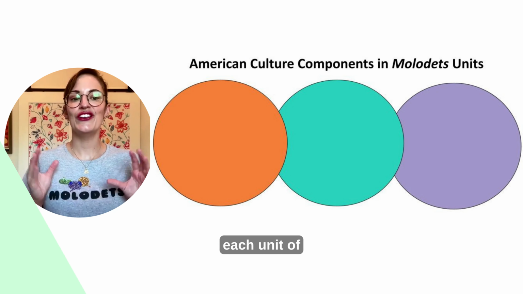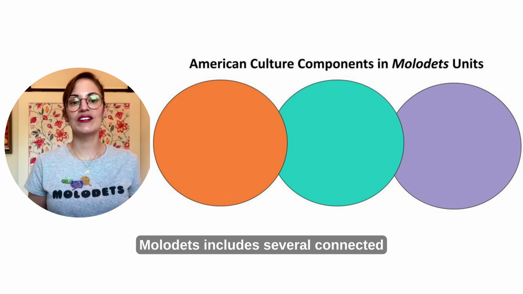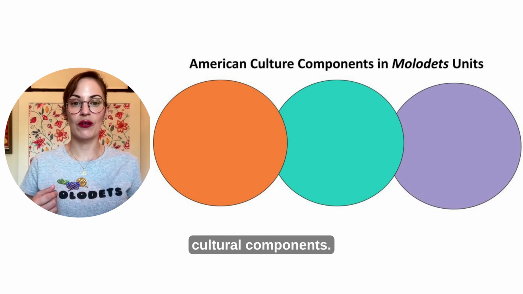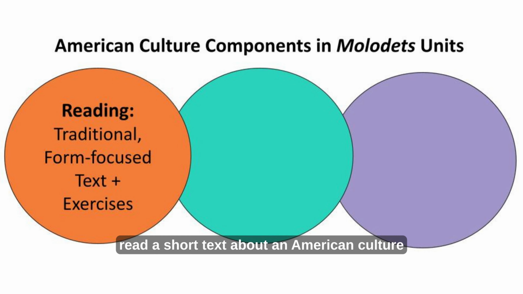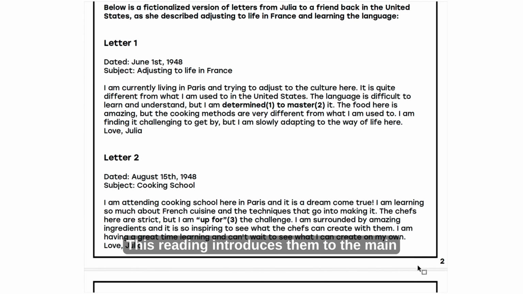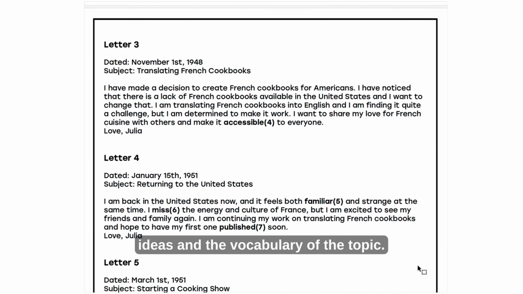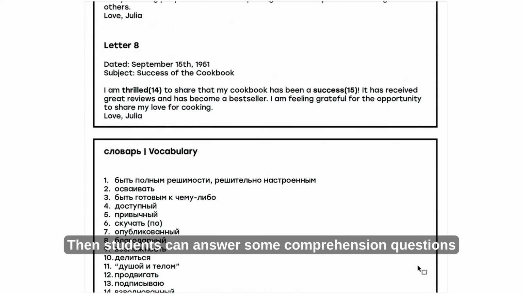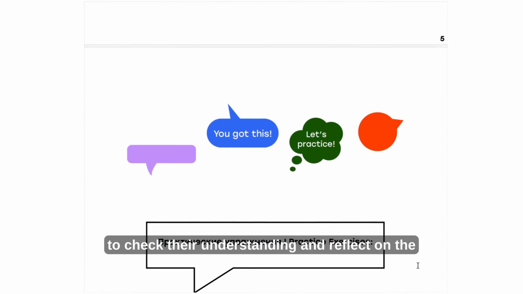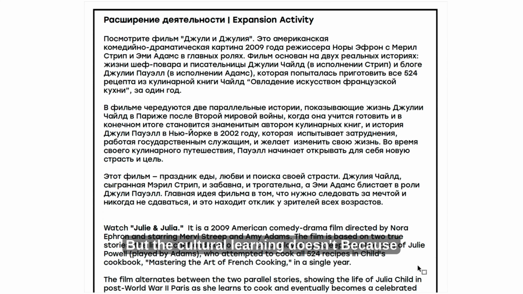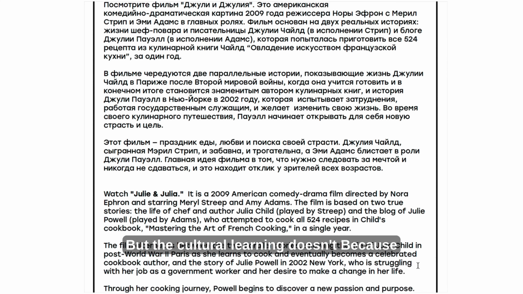So each unit of Molodets includes several connected cultural components. So first, students have the opportunity to read a short text about an American culture topic. This reading introduces them to the main ideas and the vocabulary of the topic. Then students can answer some comprehension questions to check their understanding and reflect on the meaning of the text. But the cultural learning doesn't stop there, because each topic is also supported by additional materials.